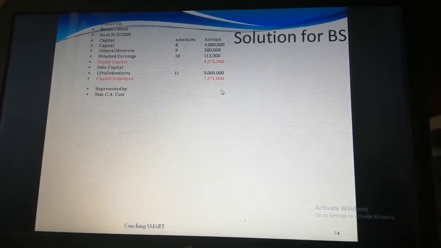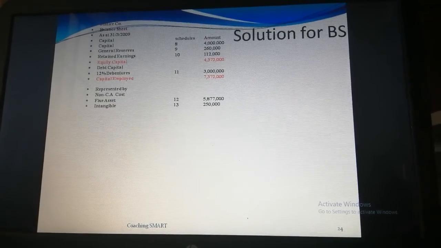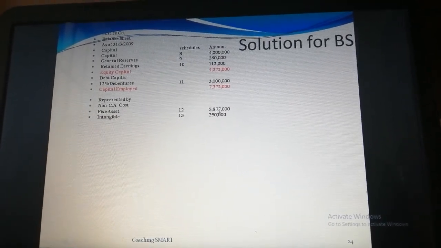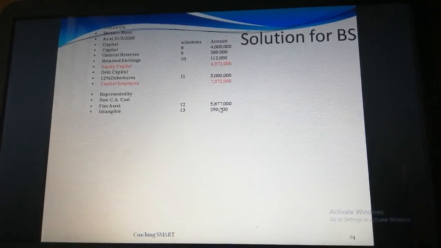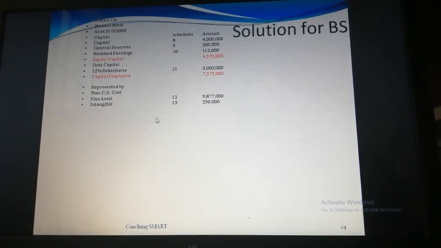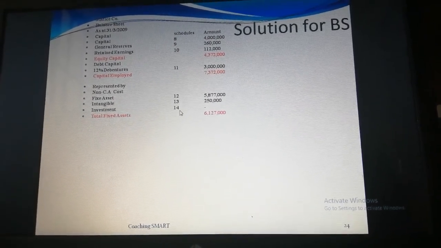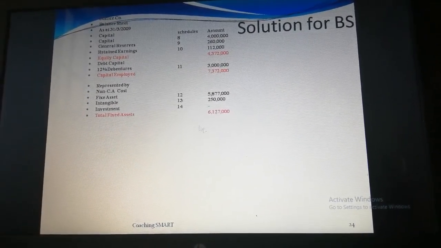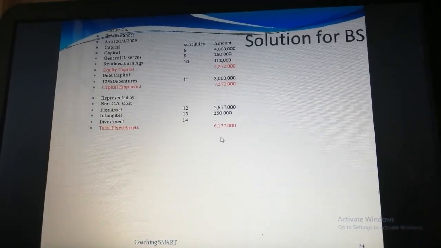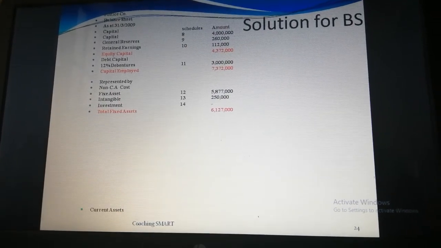Represented by, we have fixed assets. You total all the fixed assets, less the depreciation, this is what we are getting: 5,877,000. Intangible asset, goodwill, which is 250,000. Investment, according to our question, is not there. So total fixed assets gives us 6,127,000.